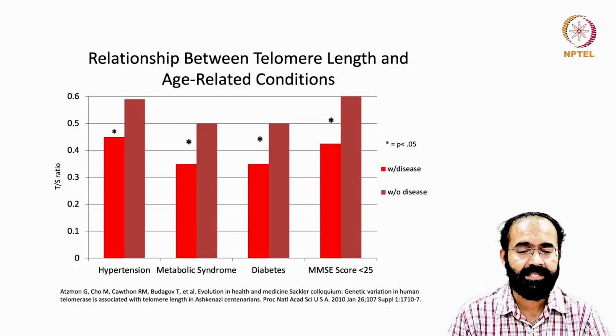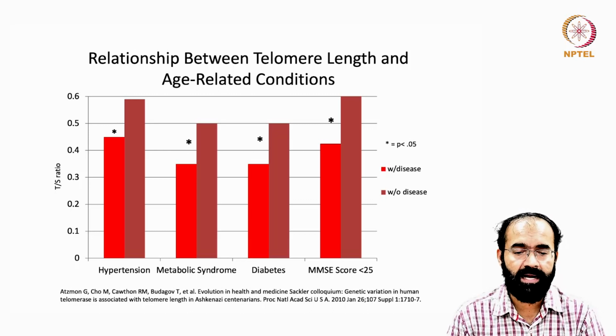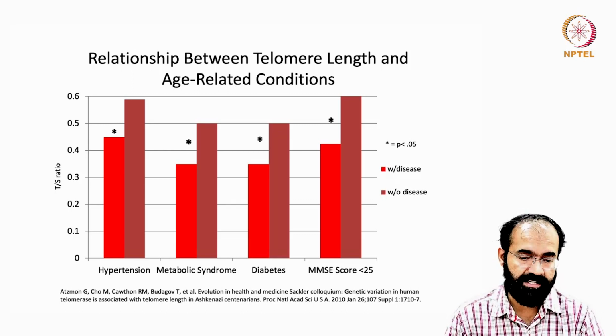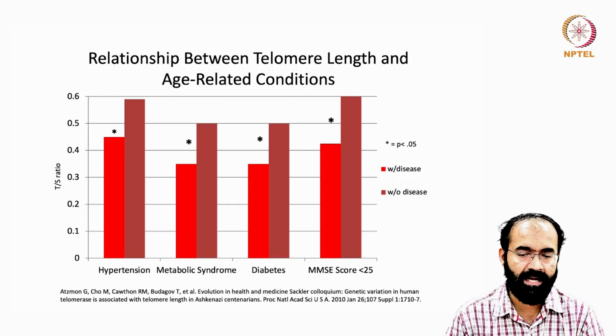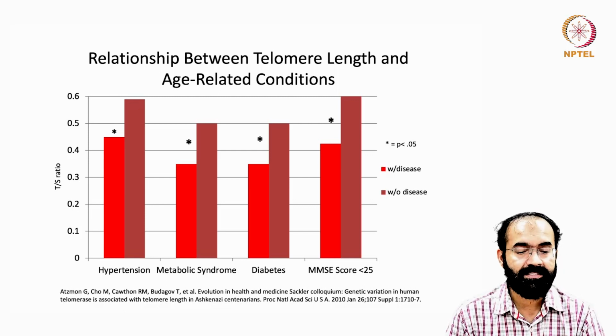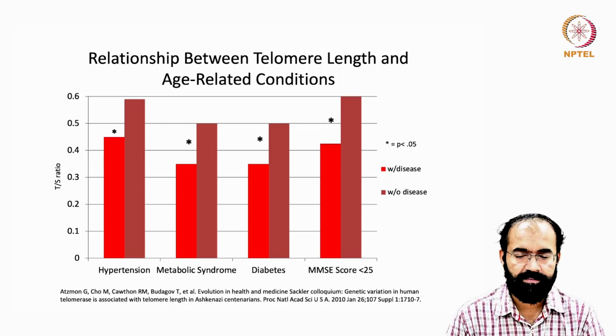So let us see the relationship between telomere length and age-related conditions. There is a ratio called the TS ratio. We will discuss that in detail. Let us see an example. This is a disease, hypertension and metabolic syndrome and diabetes and MMSE, meaning various scores, etc. P is the significance level.